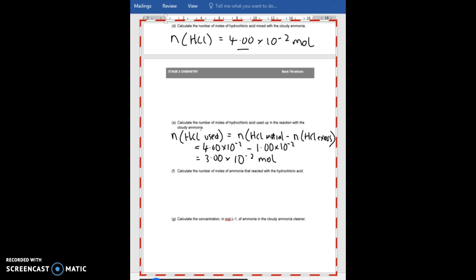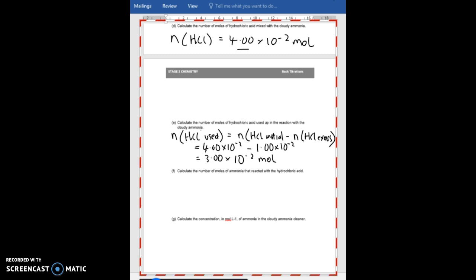So how do we do that? We work out what our molar ratio is. If we go back up to the top, our molar ratio of ammonia and hydrochloric acid from reaction 1, if you look back at that in the video, is 1 to 1. So basically it's the same amount.